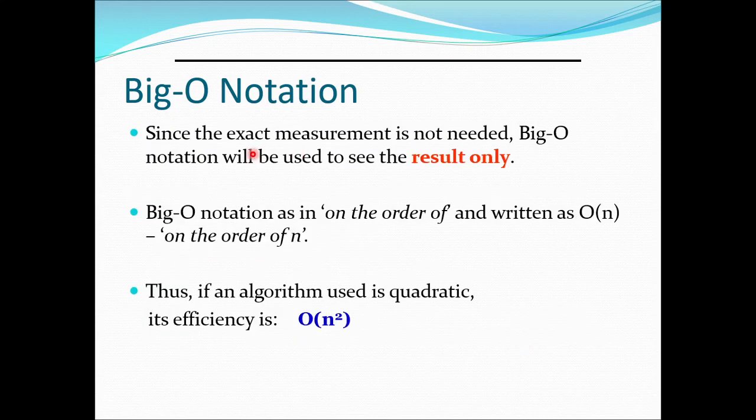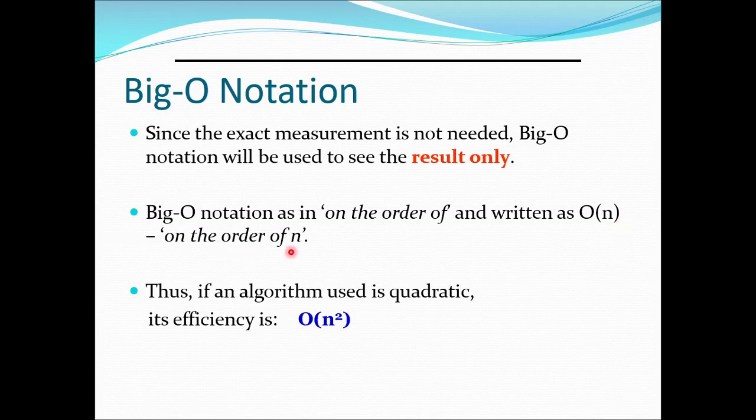Since the exact measurement is not needed because computers are powerful nowadays, we use big O notation to see the result only. So what is big O notation? O refers to "on the order of". When we write O(n), that means on the order of n.